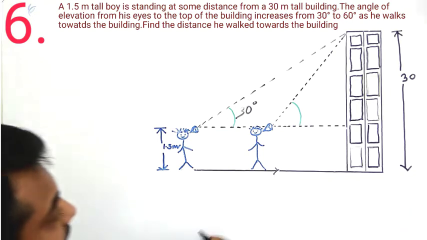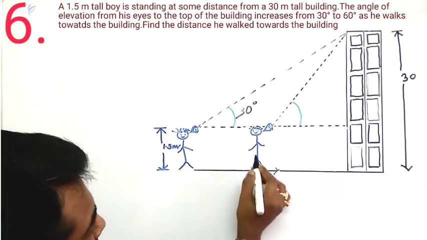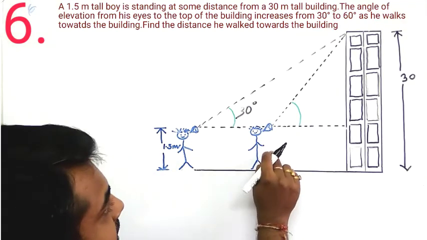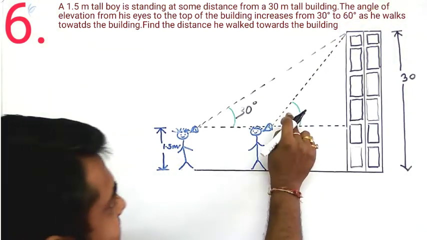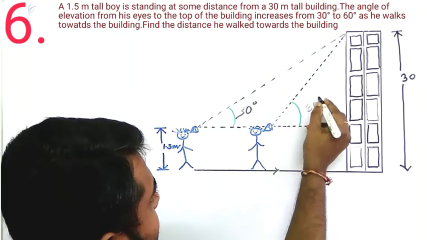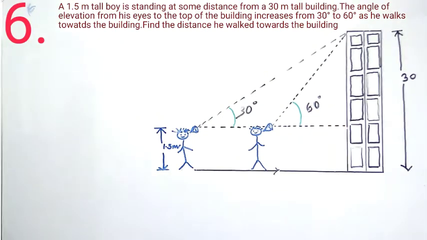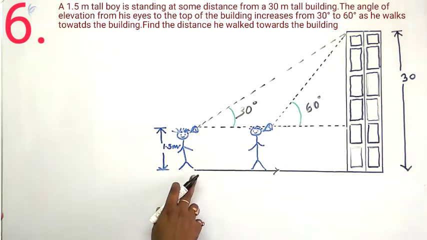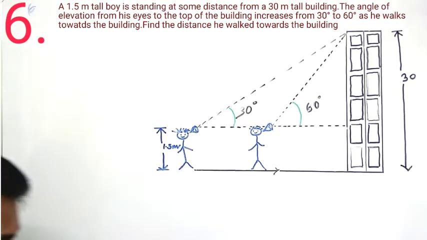The new position of this boy is here, and from this position he watches the same point of the building and the angle of elevation is now 60 degrees.